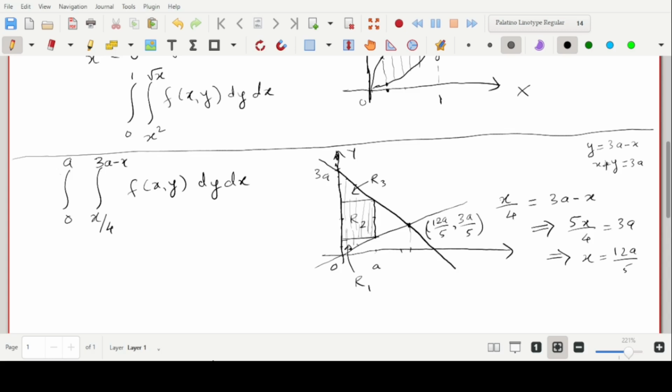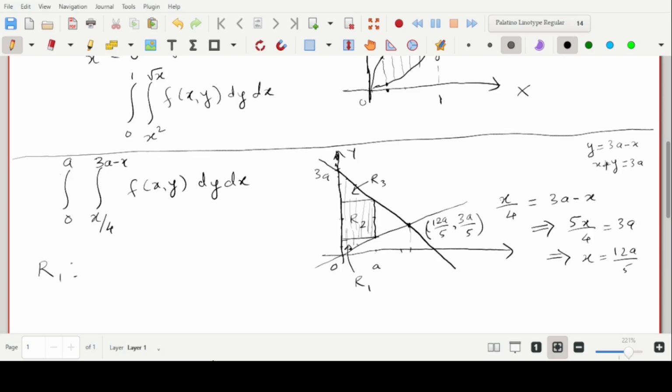Okay, good. Let us look at R1. How should we decide the boundaries of x and y for R1?